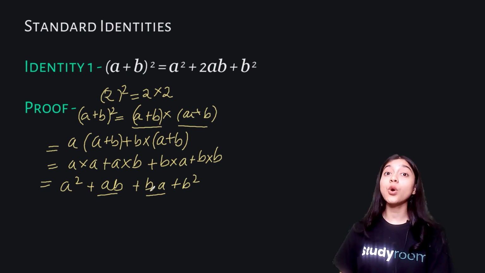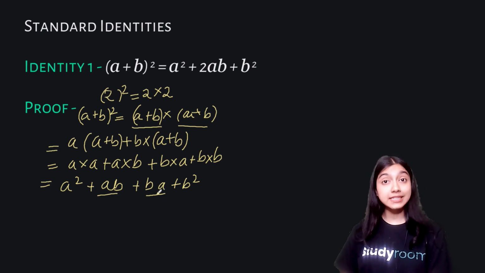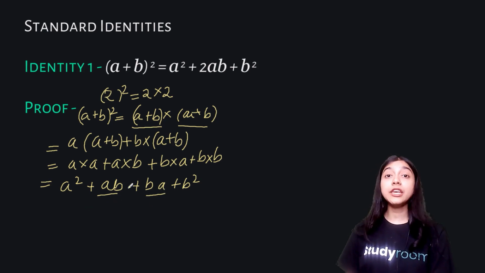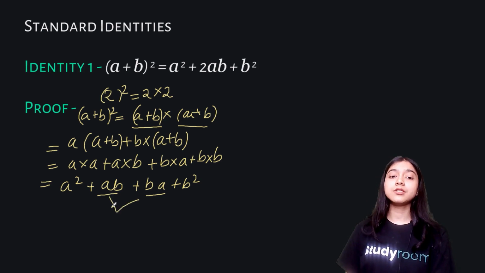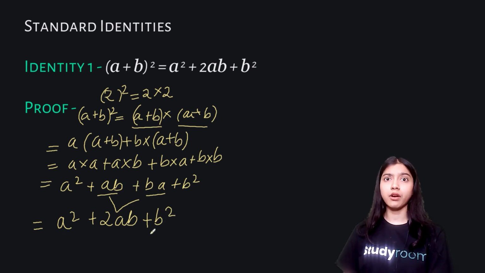Because ab can also be written as ba, or we can say ba can also be written as ab. So, we have ab plus ab, which will give us 2 times ab. And the other two terms, that is a square and b square, will be written as it is. That is a square plus twice ab plus b square.